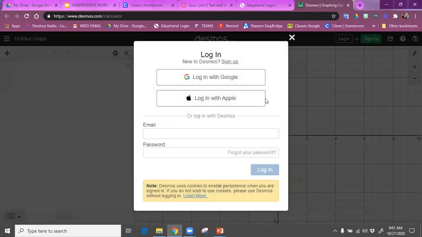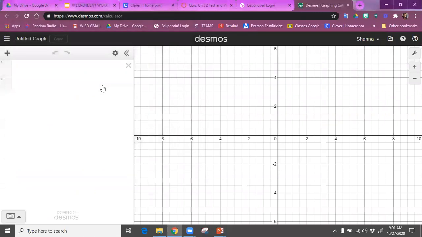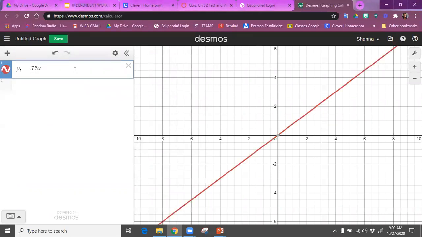Where it says log in, if you just log in with your school, and bam, you're logged in. Okay, so we're going to input what we have. So you're literally going to type y1 equals, and we said 75 hundredths x. What was the initial length? 37? 37.